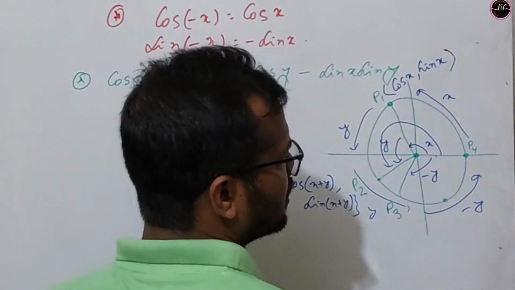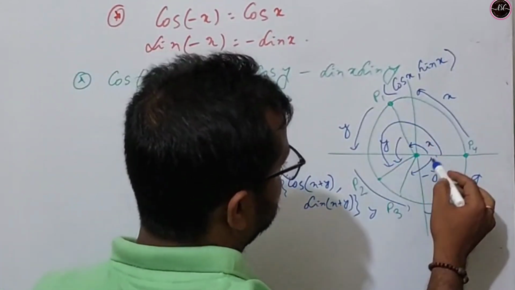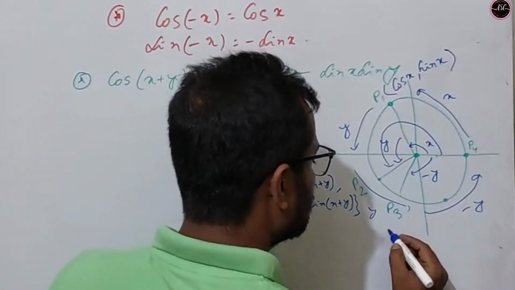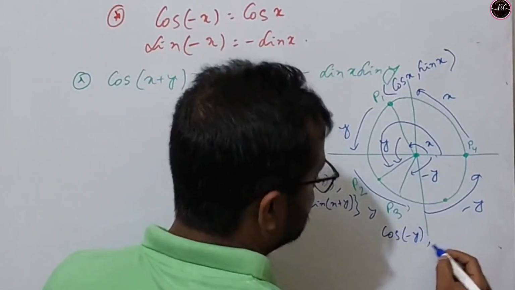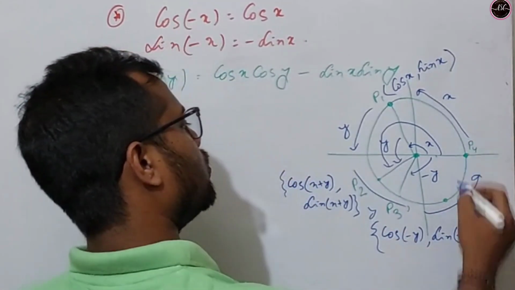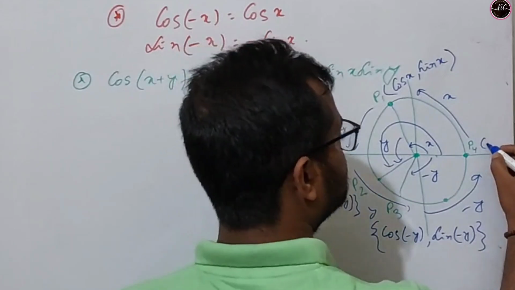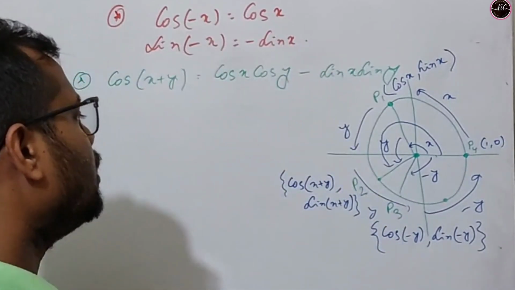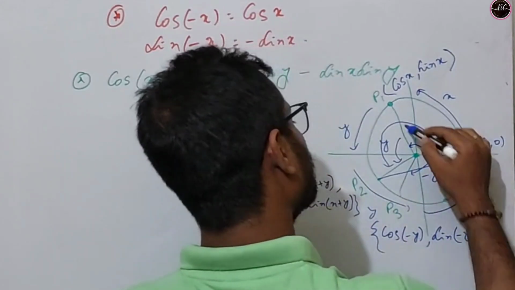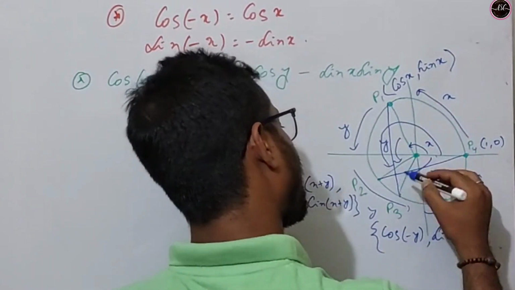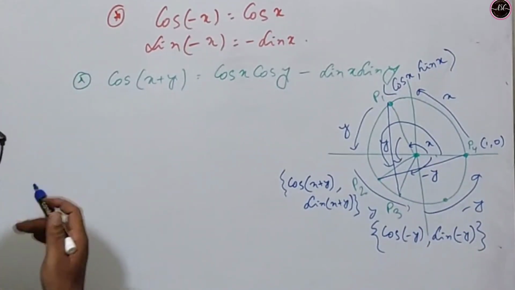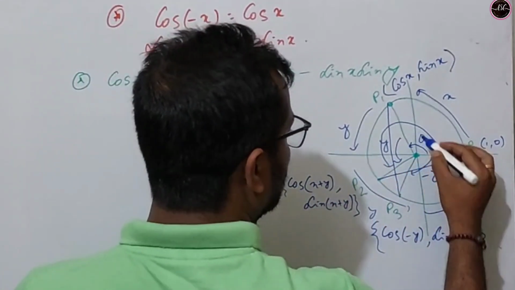Here the total angle is minus y, so the coordinate will be cos minus y comma sin minus y. And P4 will be 1 comma 0. Now just join P2 P4 and P1 P3, and this origin will be O.